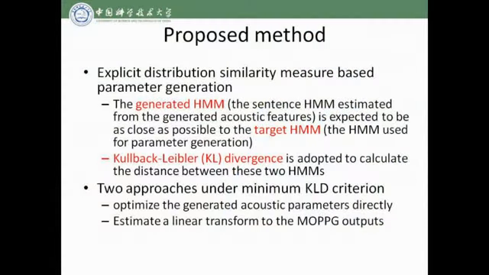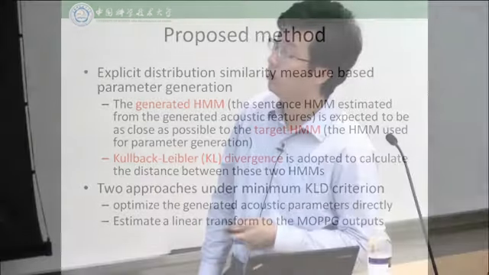So based on this, we proposed another kind of parameter generation algorithm, in which we explicitly measure the distribution similarity between the generated feature and the natural feature. Here, the generated hidden Markov model, which means the sentence HMM estimated from the generated acoustic features, is expected to be as close as possible to the target HMM, which is the HMM used for parameter generation.